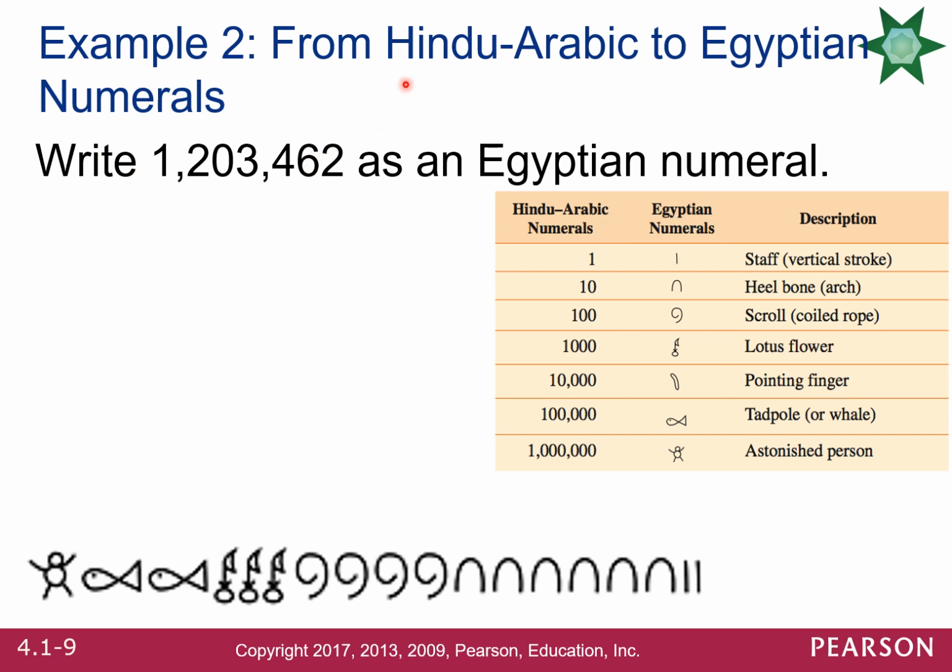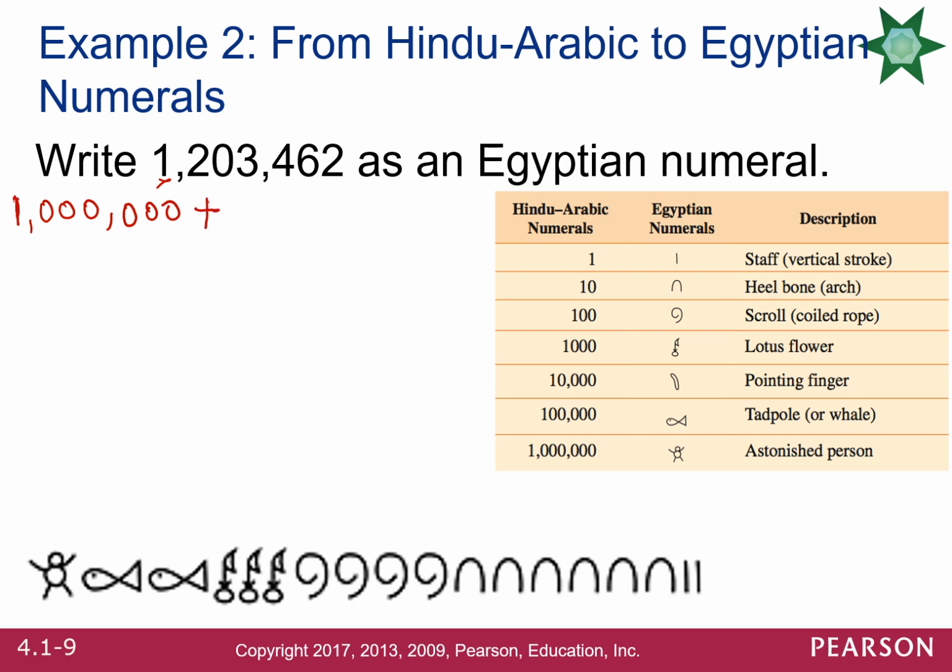That's what this number represents. So we are going to break this up and rewrite this in additive form. So start with the 1 million. All right. So it's going to be 1, and there are 6 zeros in 1 million. So 1 million, and then what do we have here?